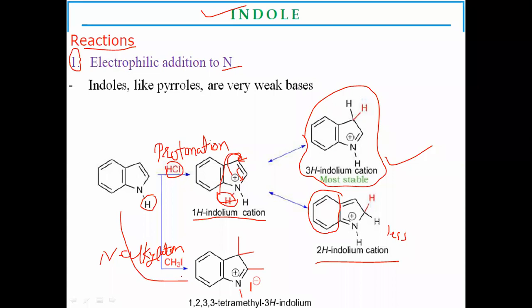There is a formation of 1,2,3-trimethyl-3H-indolium iodide as the final product. There is a substitution of methyl at the 1, 2 and 3 positions on the indole ring. That is the first reaction of indole, electrophilic addition to nitrogen.